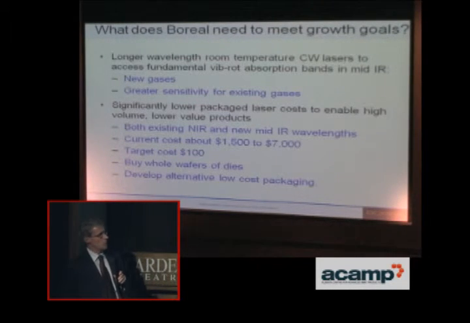are that in order to do that, in order to be able to get into the business of supplying lower value mass market products, we need to significantly reduce the packaged laser costs in order to enable these goals. Today, we pay between $1,500 and $7,500 for each of these individual lasers.